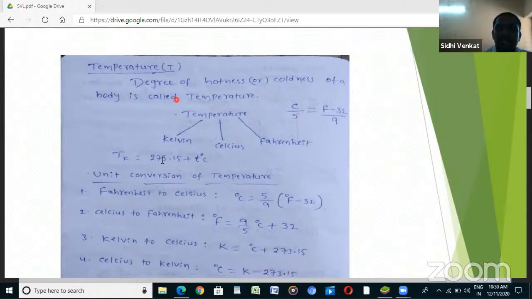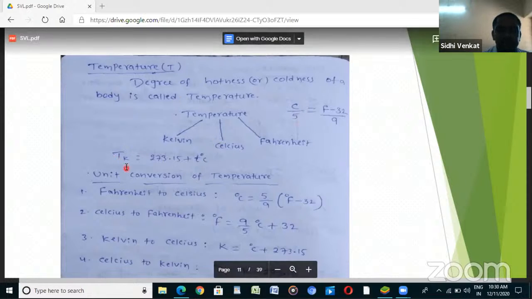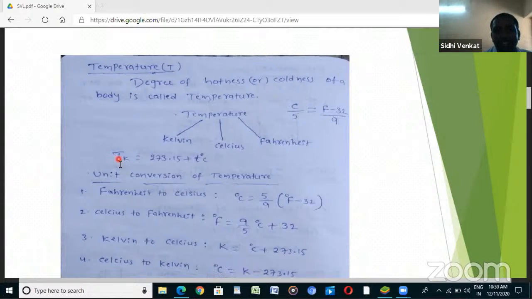Here look at this, student. The Kelvin temperature is denoted by TK. K means Kelvin, where T is the temperature. Kelvin temperature equals 273.15 plus T degrees centigrade.